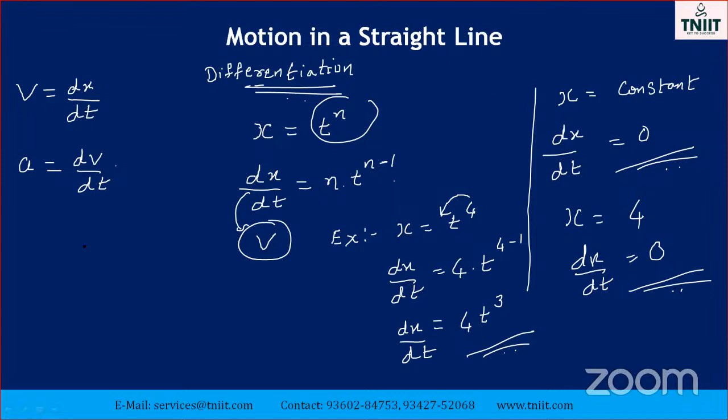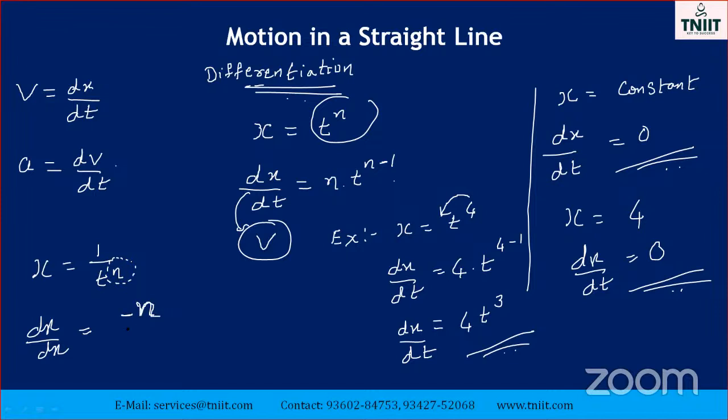The third formula. If I say x is equal to 1 by t power n, now it is in the reciprocal, t power n. So how to differentiate this? It is minus n. You have to write the same power, whatever the power is, in the numerator.